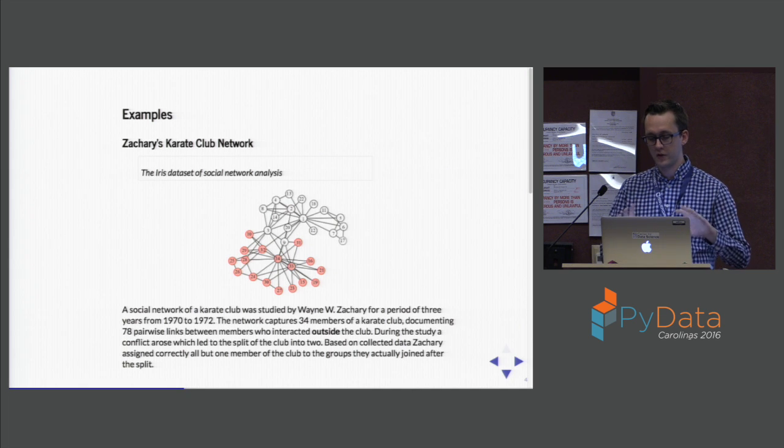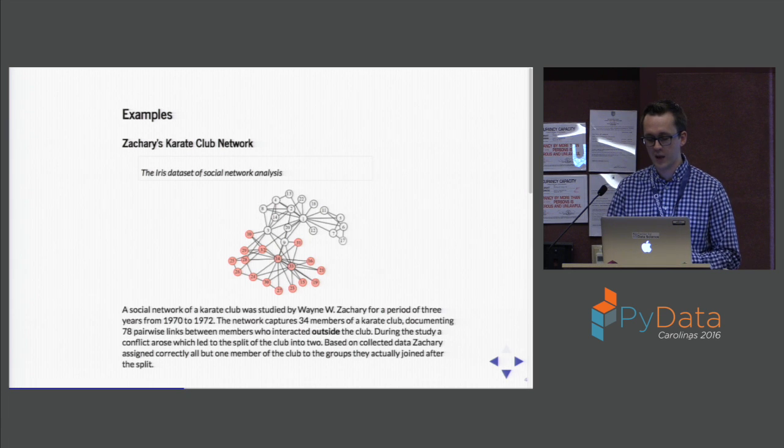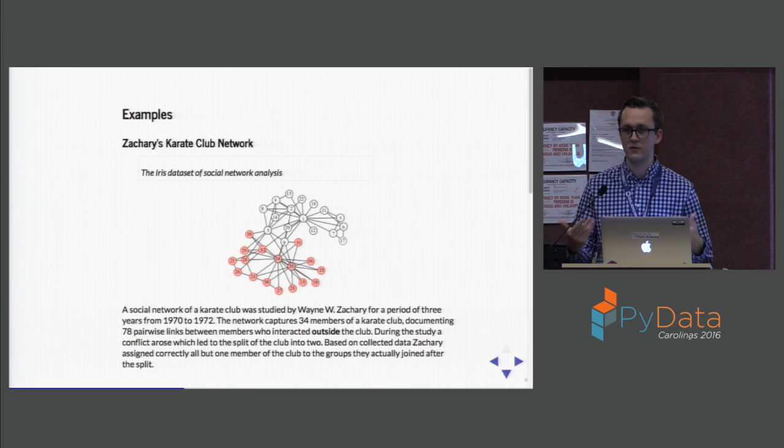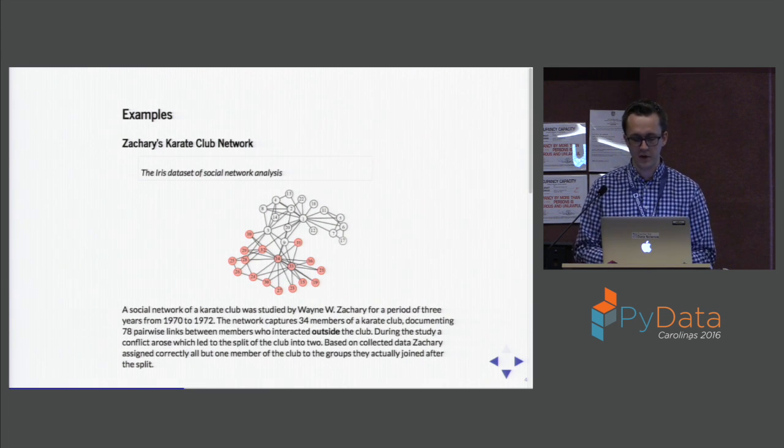So that's what you see here. The pink nodes here went into one karate club after the separation, and the white nodes went into another karate club after the separation. So Zachary was actually able to predict all of these memberships correctly except for one based off of a link flow algorithm, which we're not going to go over, but it definitely shows the power of data analysis on graphs and a real-life application of this.